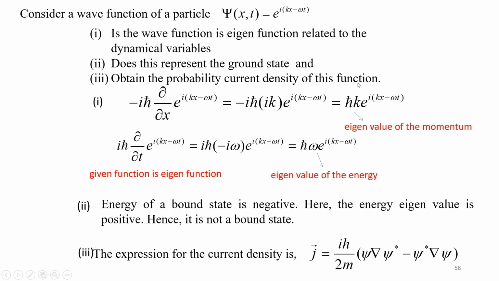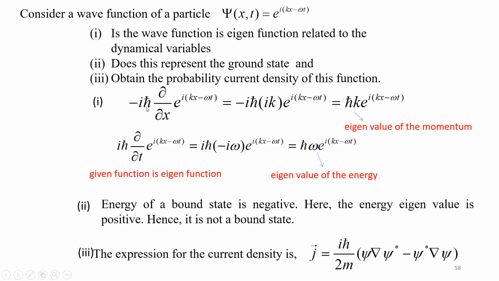The first one is whether it is an eigenfunction or not. Here, the wave function depends on both x and t. So we are going to differentiate with respect to x and also with respect to time. When you differentiate with respect to x, that will always give us momentum. When you differentiate with respect to t, with multiplication by iħ, that will always give us energy.